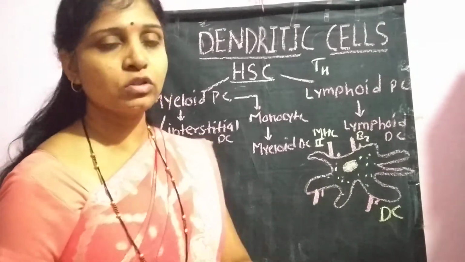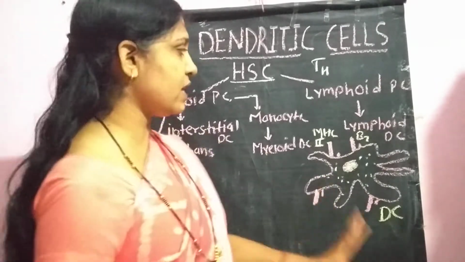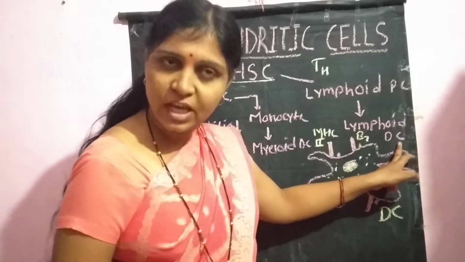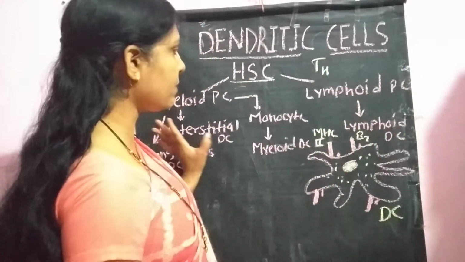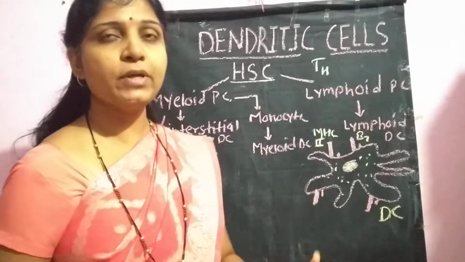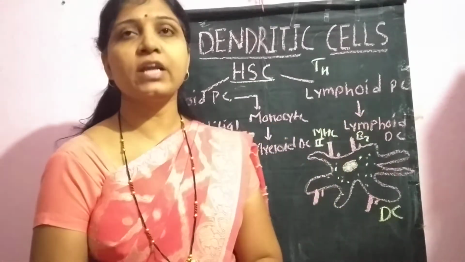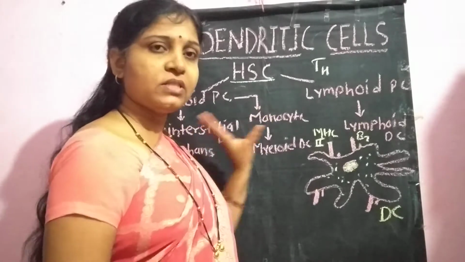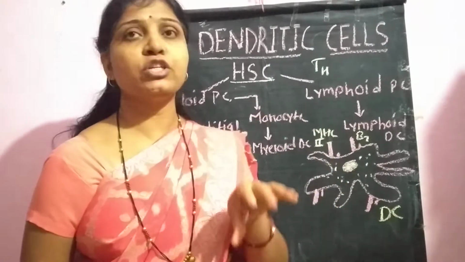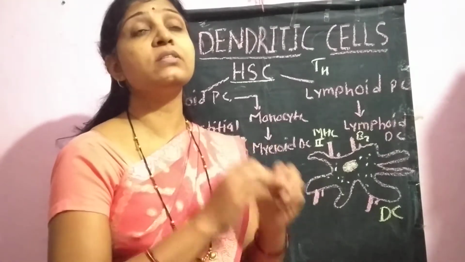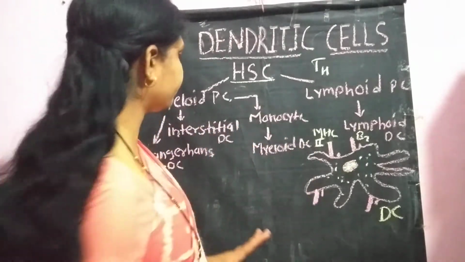And the fourth type, the lymphoid dendritic cells, are generated from the lymphoid progenitor cell. In this way the four different types of dendritic cells are formed, and all of these cells get their names on the basis of their maturation site, where they mature within our body.